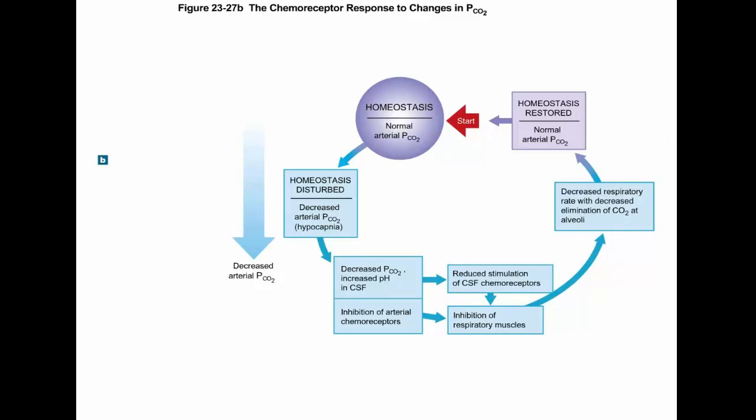So this decreases the respiratory rate, and with that decreased respiratory rate, you get the elimination of carbon dioxide at the alveoli. And then we have respiratory homeostasis restored, normal arterial carbon dioxide levels in the arterial blood are restored.